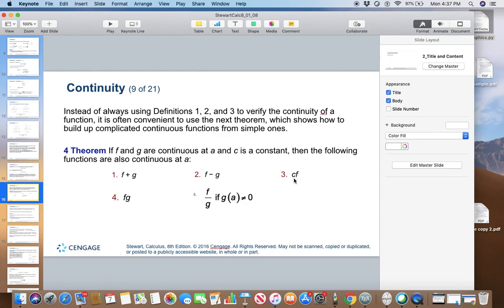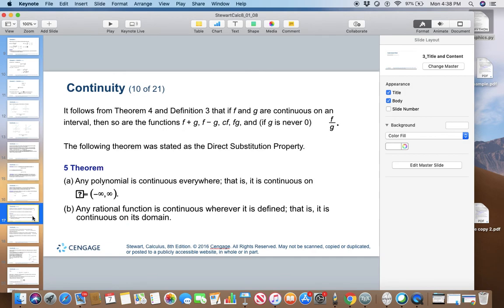A continuous function times a constant number is continuous. The product of continuous functions is continuous. The quotient of continuous functions is continuous as long as the denominator is not 0 at your chosen number. All right. So for the quotient you have to worry about the denominator being 0.